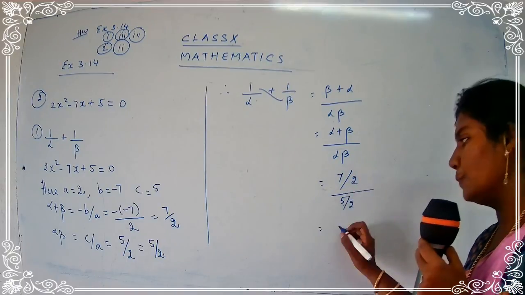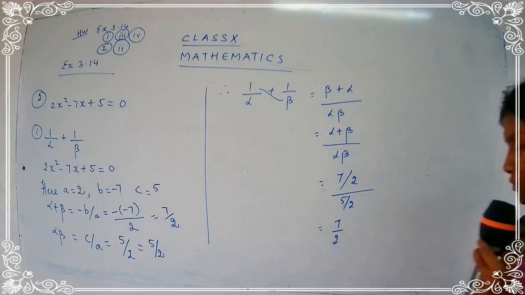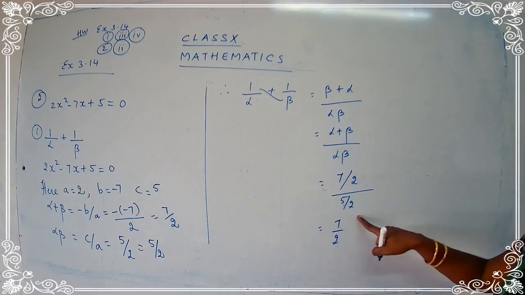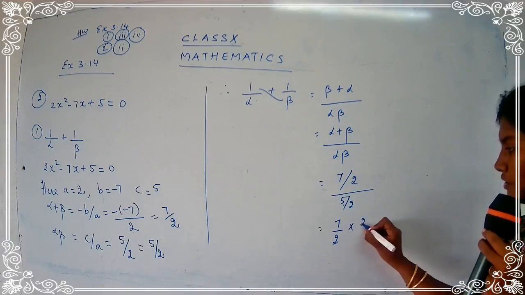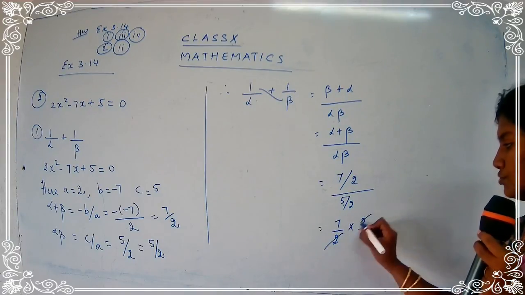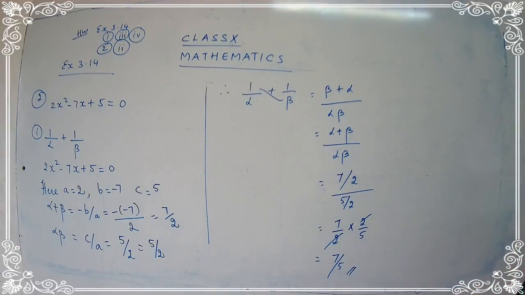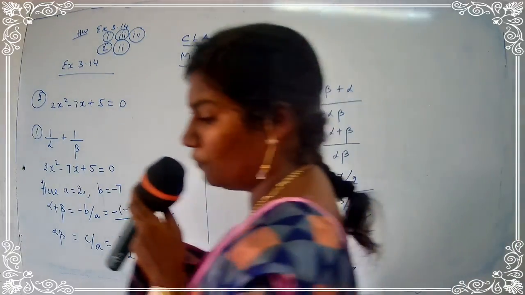Write down the numerator as it is, that is 7 upon 2, and in the denominator write the reciprocal of the denominator. What is the denominator given to you? 5 upon 2. What will be the reciprocal of it? 2 upon 5. So 2 goes off and you get 7 upon 5. So we have found the answer as 7 upon 5. I hope you are clear with the sum.